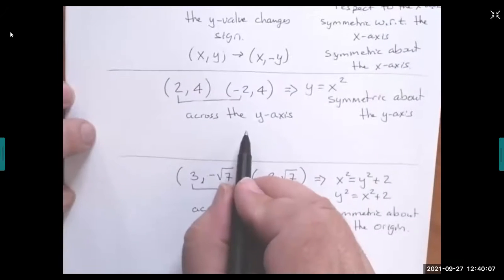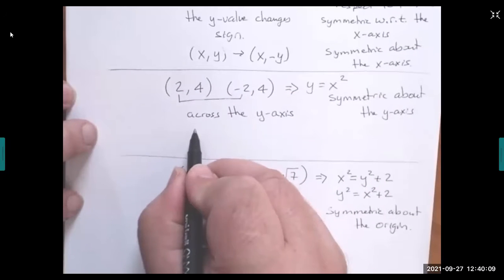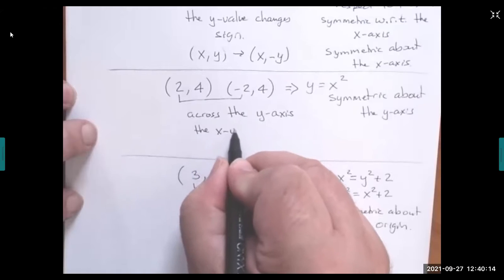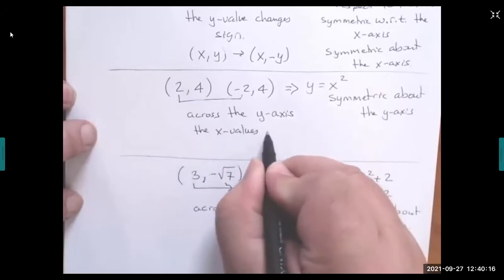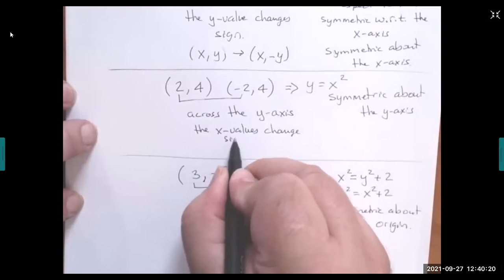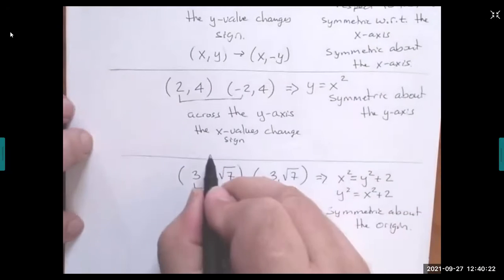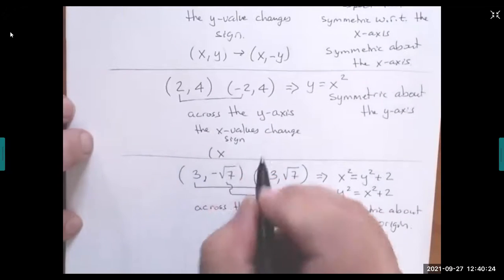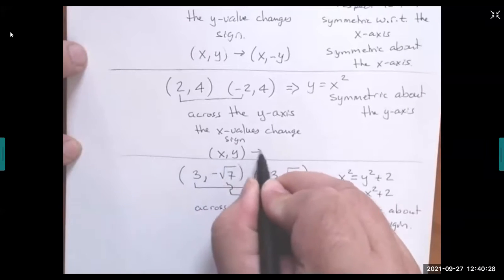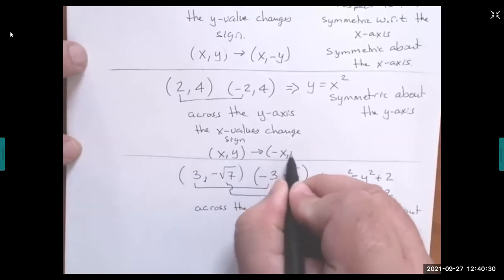Across the y-axis, the x values change sign: (x, y) to (negative x, y).